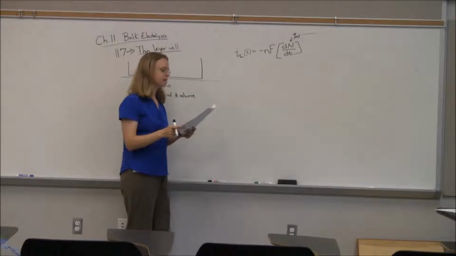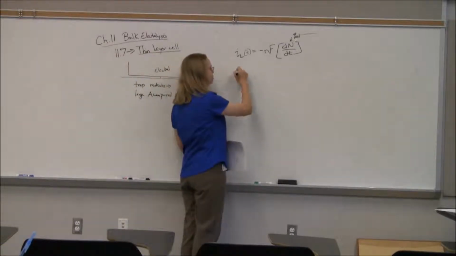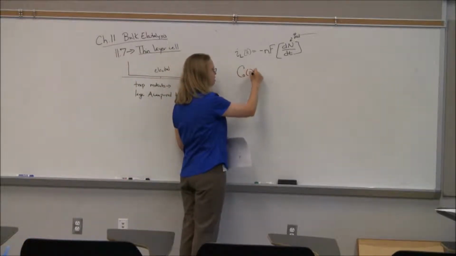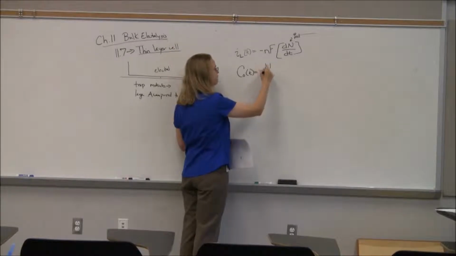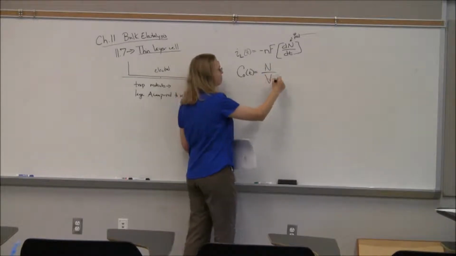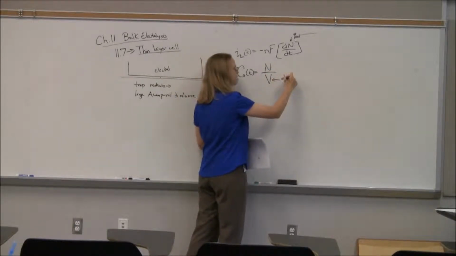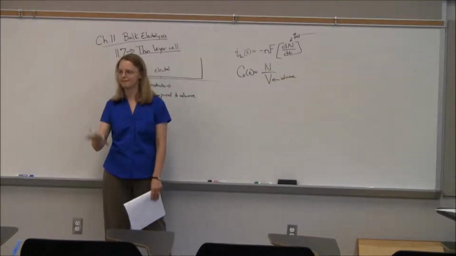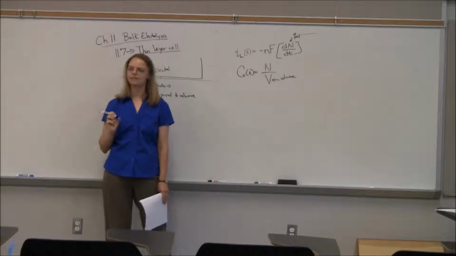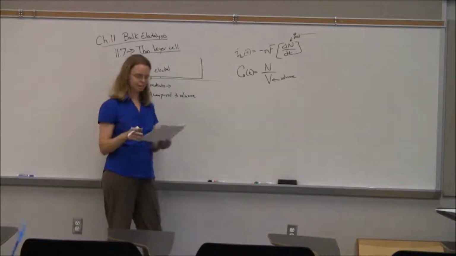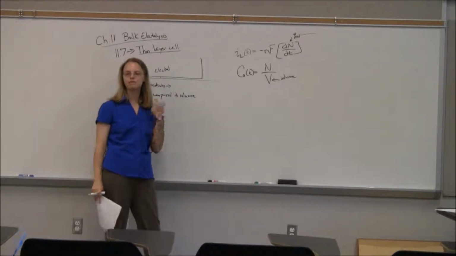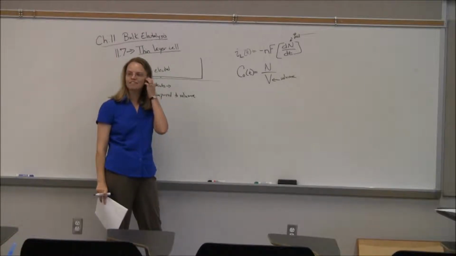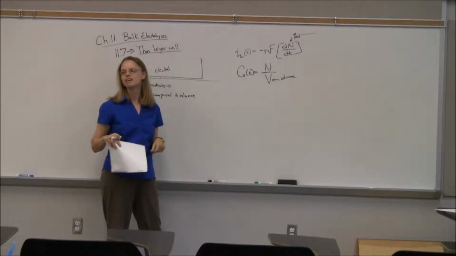We can write an equation saying the concentration is equal to the number of moles divided by big V, which is volume. As I continue to write equations, it's going to be volume, just so you know as we go through this part. I know it's not voltage, so I'll point that out. This is freshman chemistry: concentration times volume equals the number of moles.